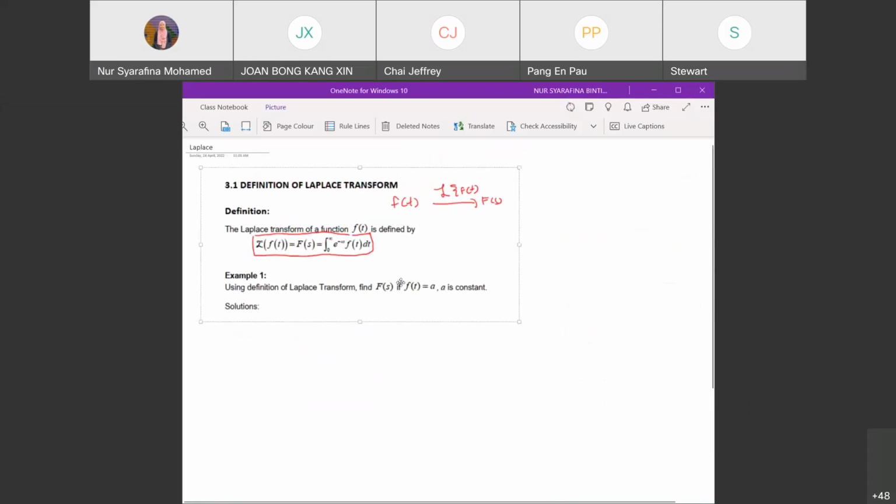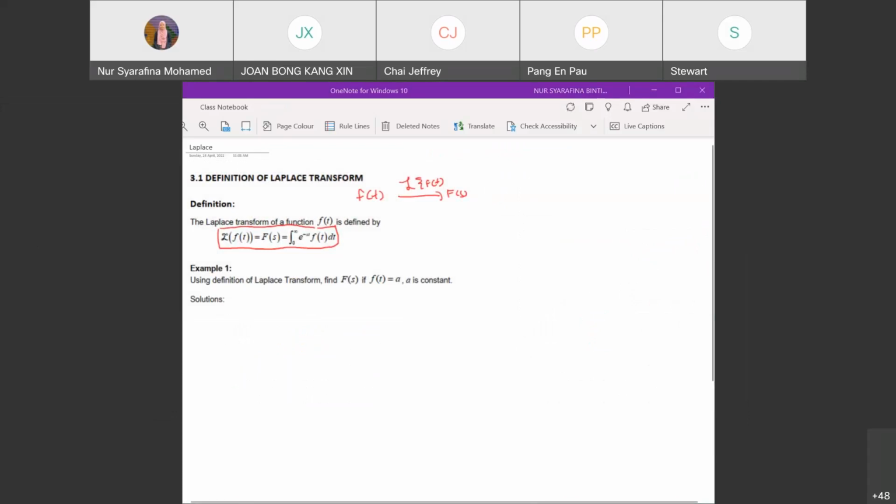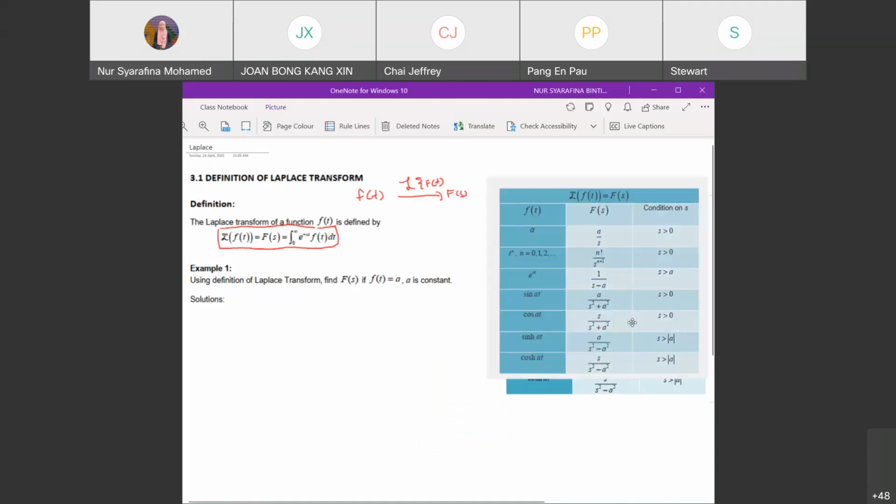All right, can you see this? Yes. Okay, we're going to compare our transformation by using the definition and also by using the table.